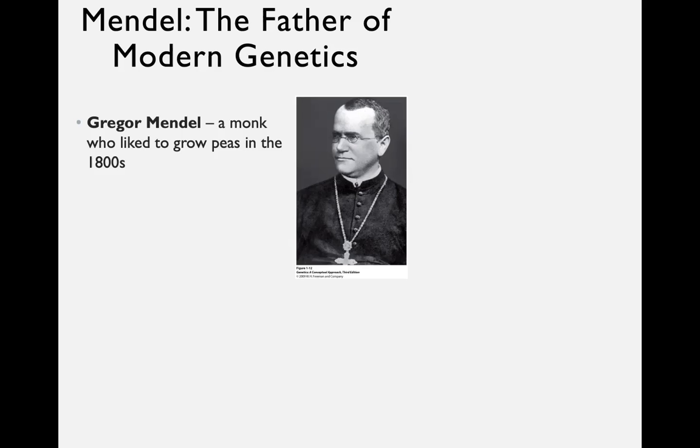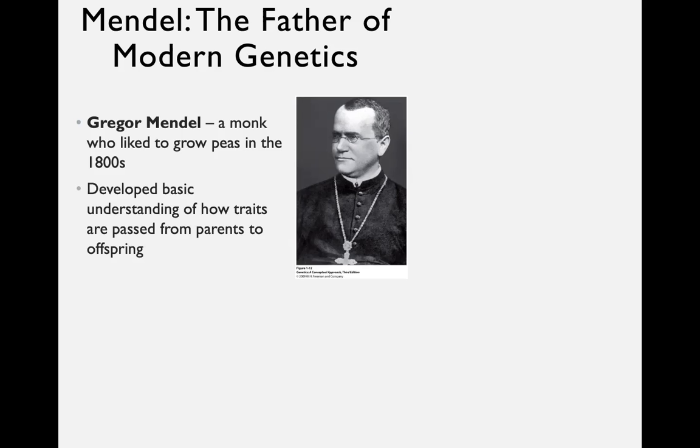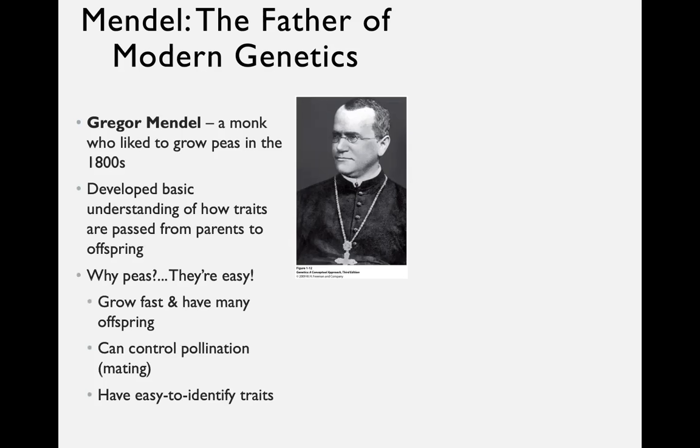So that's the next bullet. I got ahead of myself. He developed the basic understanding of how traits are passed down through generations. I'm not sure what originally interested him in peas in particular, but it was convenient. They're really easy to deal with.